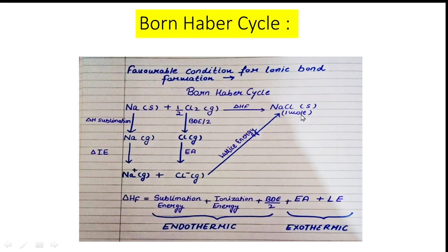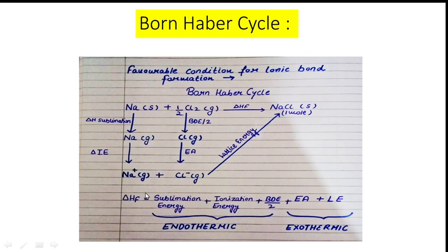And this crystalline structure becomes NaCl. So, as you have seen, a number of energies are required for the formation of the ionic bond. These bonds between two ions give the formation of NaCl.